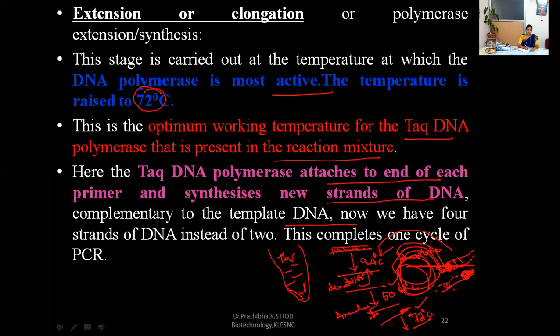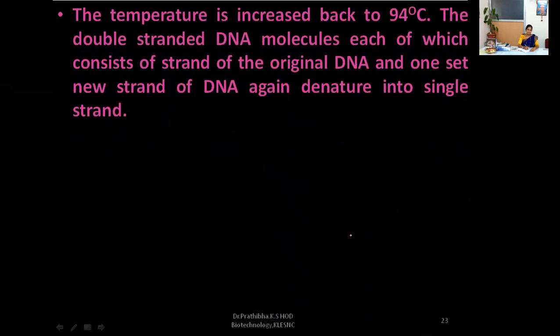This completes one cycle of PCR: denaturation, annealing, and extension, with extension at 72 degrees Celsius. The same cycle repeats again and again. That's why it is also known as a repeated thermal cycle. Okay, the temperature is increased back to 94 degrees Celsius.